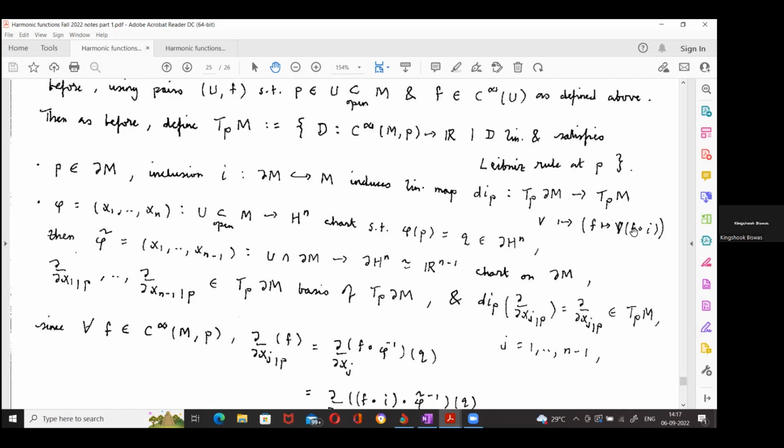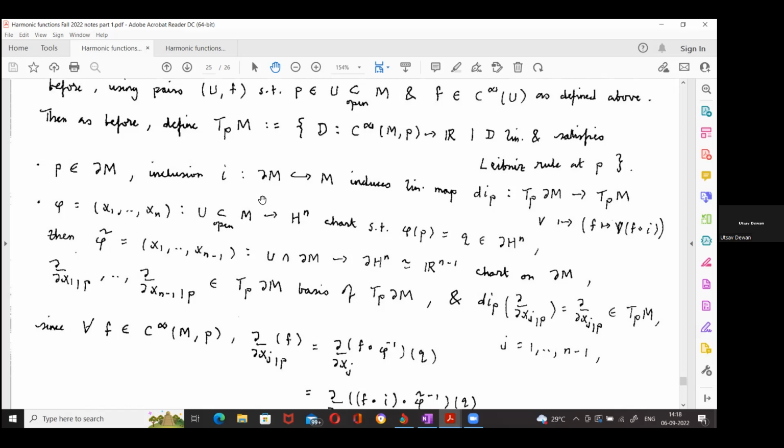This becomes a smooth function in a neighborhood of P in boundary M. And so then my tangent vector V can act on it. So I look at V of F composed with I. Okay. And so I get a linear map, F goes to V of F composed with I. So that defines an element of TPM. Is this okay?